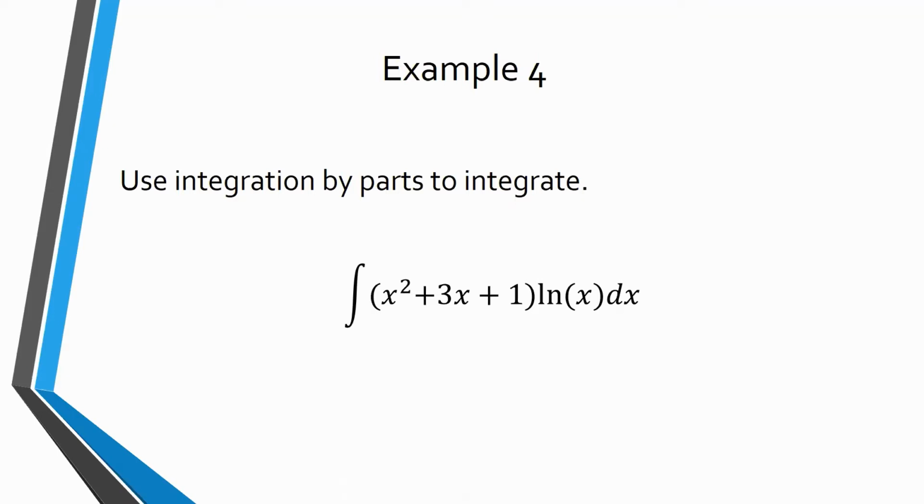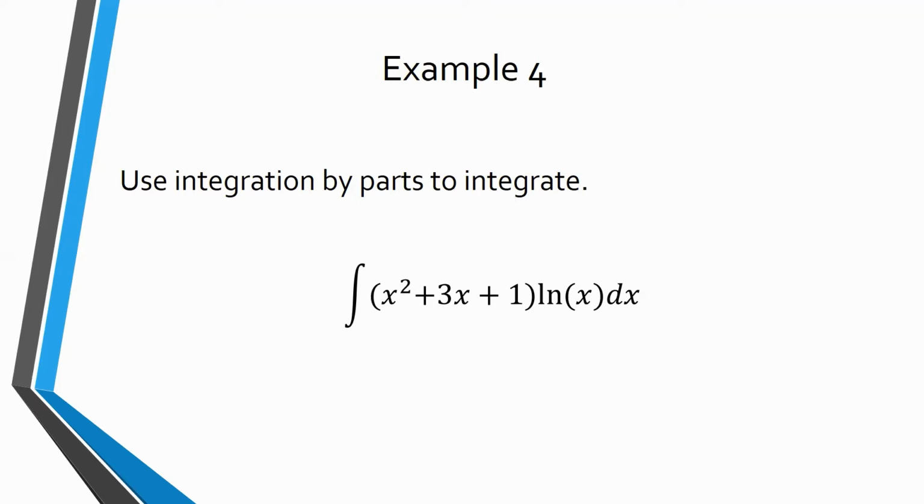In this case, though, it's not a trig function and it's not an exponential function, but rather a log function. I've made this just ln of x. This natural log function is not going to be treated in the same way that our trig function was in our previous problem.